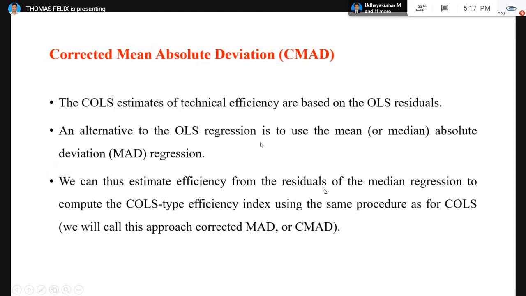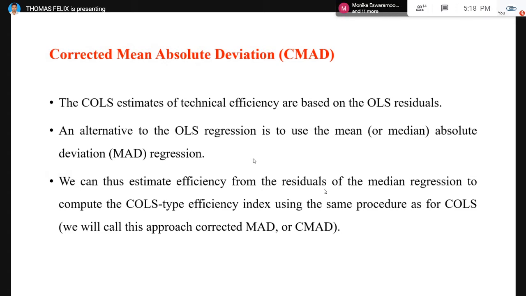For example, if you take the regression of 100 persons' income, it will provide the mean value of all 100 persons. On the other hand, CMAD, the corrected mean absolute deviation, uses the median value. This is the major difference between corrected OLS and CMAD. CMAD also uses the same approach, but it uses quantile regression, whereas earlier we used ordinary OLS regression.